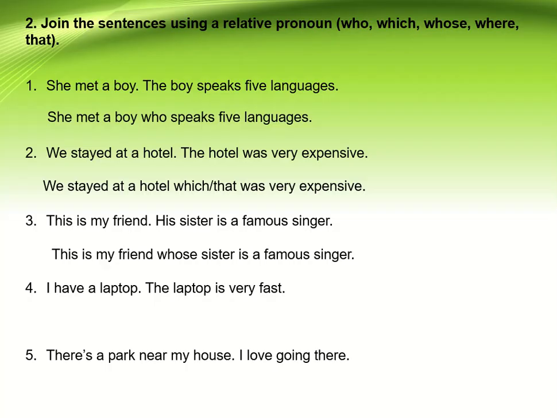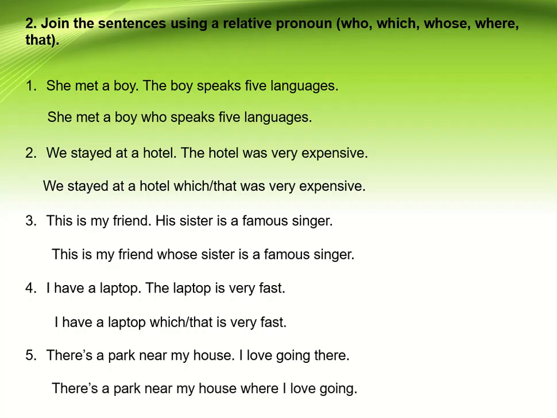So my relative clause will be I have a laptop which is very fast or that is very fast. I could use in these cases which or that. And the last one, there's a park near my house. I love going there. I am talking specifically about the place. There's a park near my house where I love going.